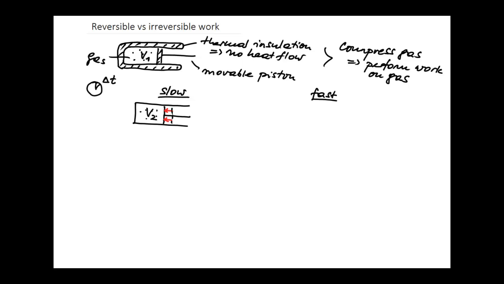When you do this sufficiently slowly, then you can assume that at all times the gas is in thermal equilibrium. You can, if you like, decompose the movement into very small steps. You compress the gas just a tiny little bit. The volume is just a little bit smaller, and then you pause, and the gas is still in equilibrium.